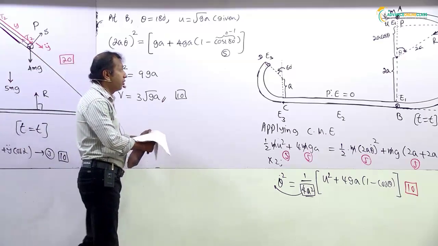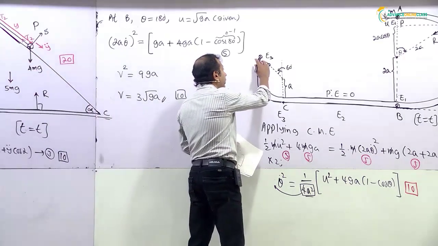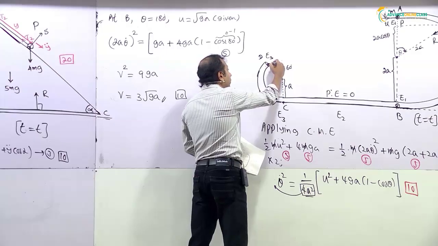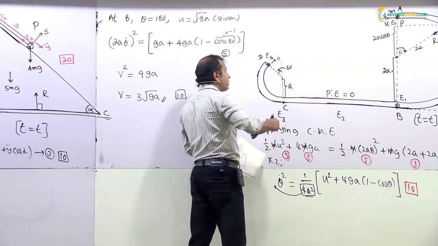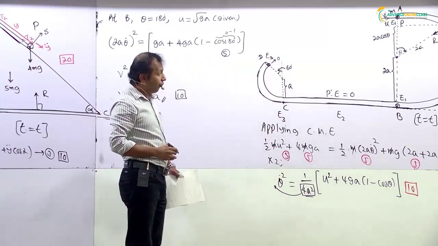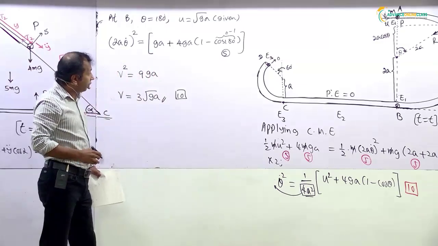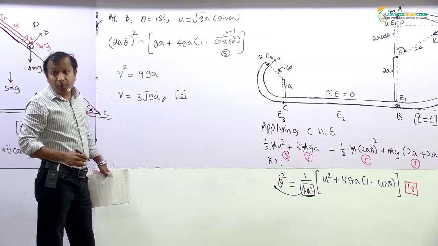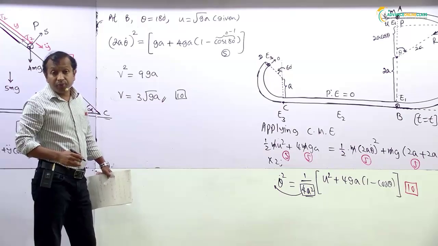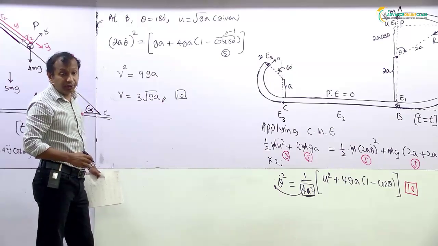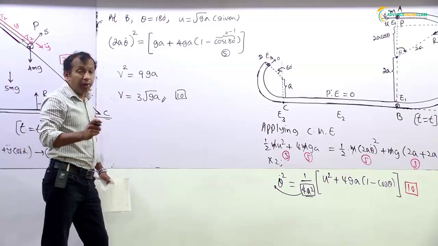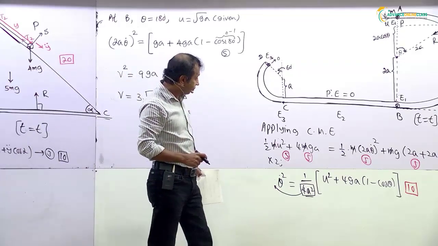Just reached means once the particle P comes to the point D, its velocity is 0. That means at the point D, it has no kinetic energy. Okay, right. Now you can see this.